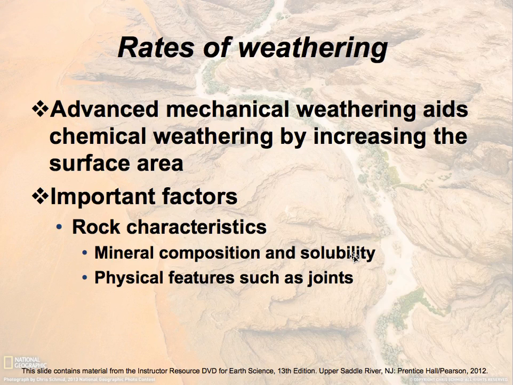And as we learned back in the earlier chapters, the way rocks and minerals cleave and split apart can influence how jointed or how many cracks and fractures appear in a rock body. And the more cracks and fractures that exist in a rock body, the more surface area there is, or the more surface space there is for weathering reactions to occur.